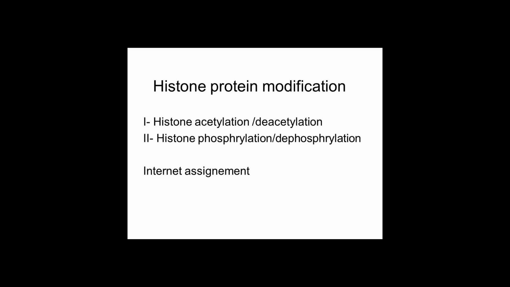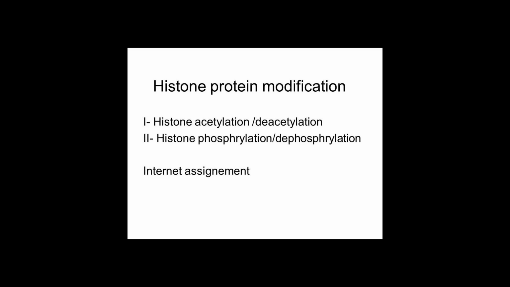The NLS functions as a signal for nuclear action while a NES functions with HDACs that perform work outside of the nucleus. The presence of both signals for HDAC3 suggests it travels between the nucleus and the cytoplasm.